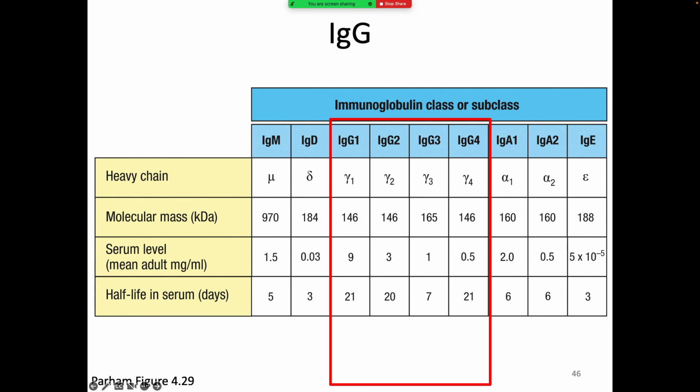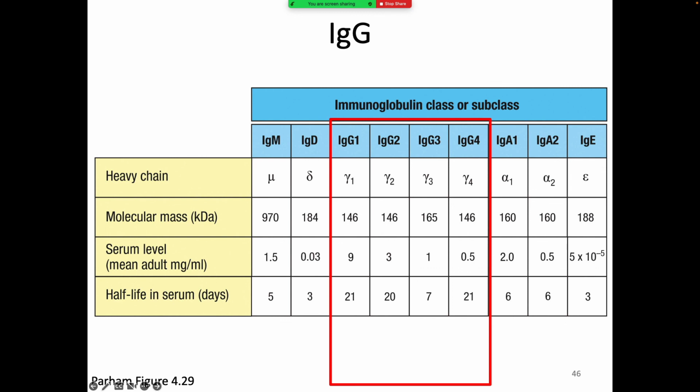And if you looked at the serum level, most of the subtypes are on the high side in terms of serum level. So if you actually added that together for all the IgGs, you could see IgG is the one you have the most of by far, right? Because you have 12, 13 and a half compared to 1.5, 0.03. So IgG is really the main antibody in the blood.